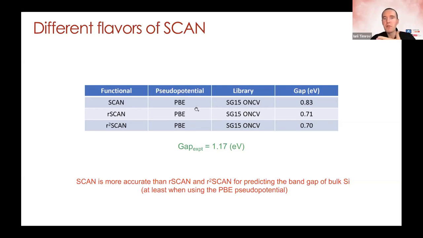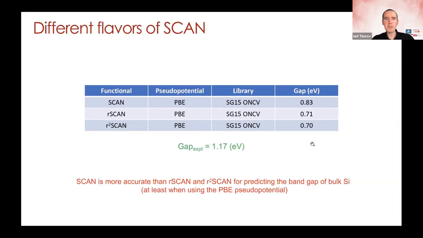So I wanted to perform a consistency comparison, so I just selected the PBE pseudopotential and changed input_dft. Surprisingly, even to myself, I thought r2SCAN would be the most accurate, but what we found in practice is that SCAN is the most accurate, while rSCAN and r2SCAN are a bit worse. I don't know why, but that's what we find.